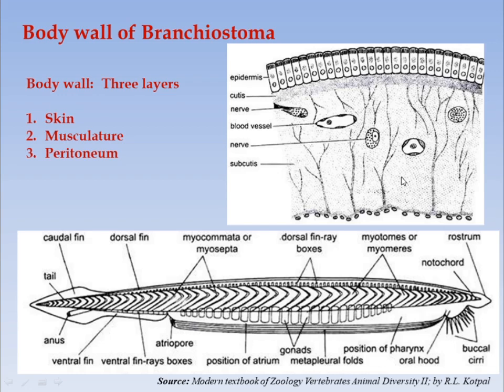The main function of fibroblasts in vertebrates is the secretion of extracellular matrix and collagen. Similarly, those nomadic cells present in the subcutis secrete this gelatinous matrix in the body wall of Branchiostoma. Now we will discuss the musculature, the muscle layer just beneath the skin.